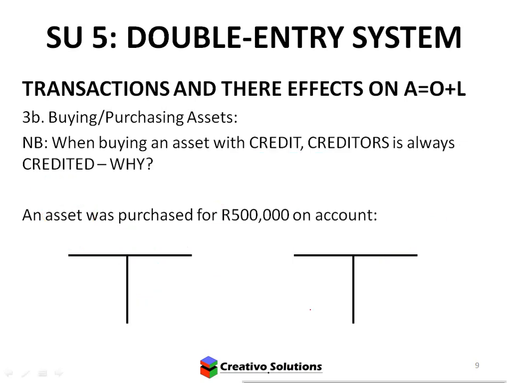Okay, so the rule says, if I buy or purchase an asset and I'm using credit, then my creditors are always going to be credited. That's the rule. You can study that, or you can apply the 6 rules that you've got on that golden rule page. Okay, so let's highlight what stands out here. An asset was purchased for 500,000 on account.